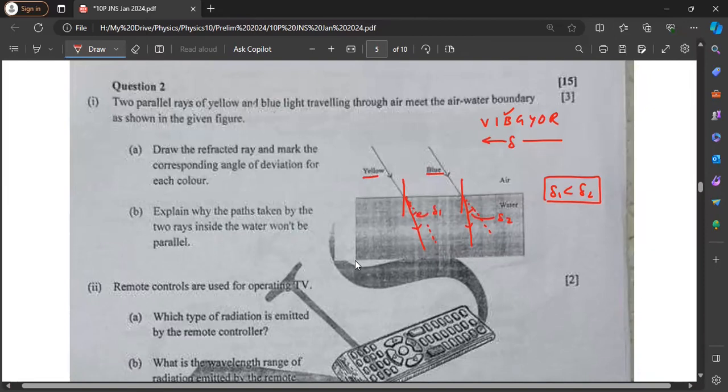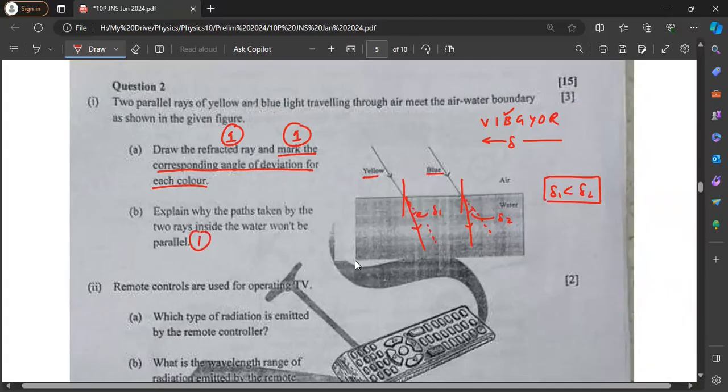Even if they expect it, this is what you can do. But they are saying draw the refracted ray, and mark it out as written. Then it is expected. So drawing the refracted ray should be 1 mark, and this should be 1 mark. Yes, I got 1 mark. Then that's fine. I didn't read that. So yes, if it is mentioned, then of course it is there.